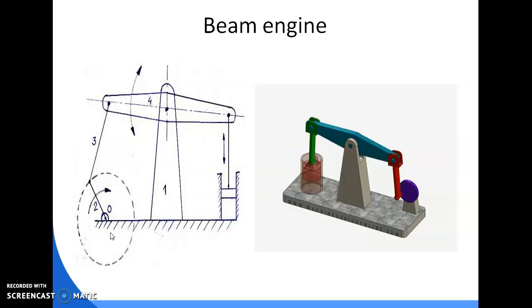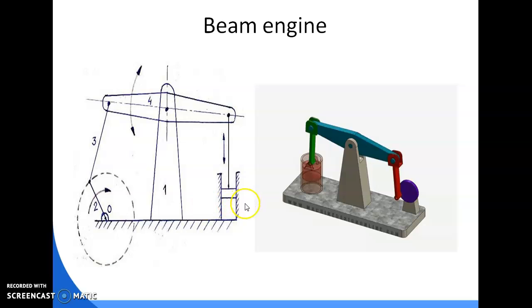The oscillating member is link number 4. When the crank rotates about the fixed center, the lever oscillates about a fixed center. The end of the lever is connected to a piston rod which reciprocates due to the rotation of the crank. In other words, the purpose of this mechanism is to convert rotary motion into reciprocating motion.